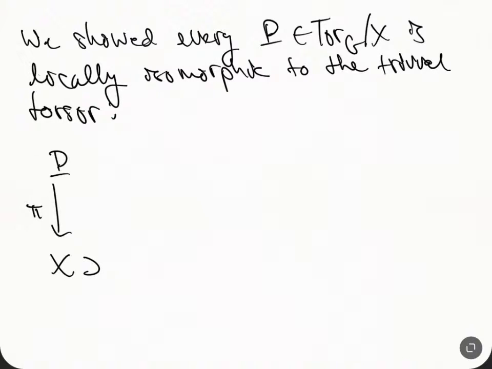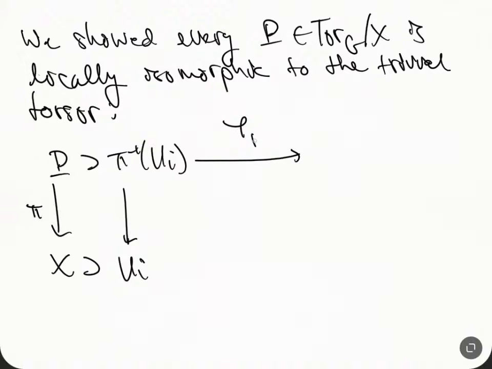Then we had this cover here, so we had these open sets U_i, and we can take pi inverse of U_i, and then we knew that there were local sections of P, and the local sections of P allowed us to define the trivializations, which we called phi.